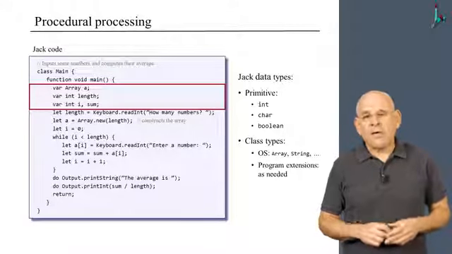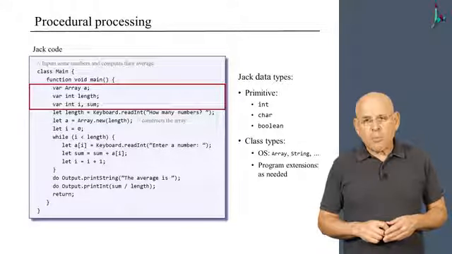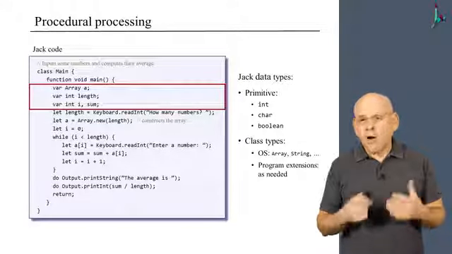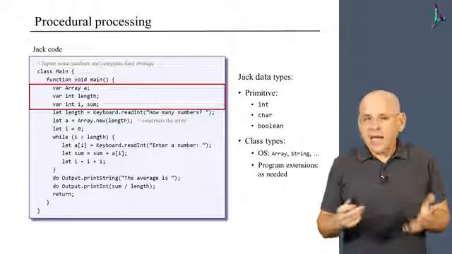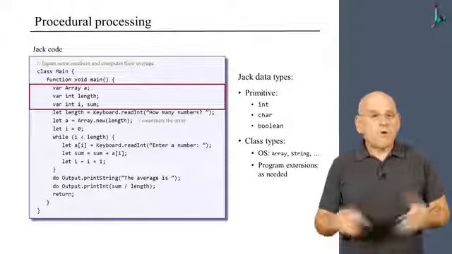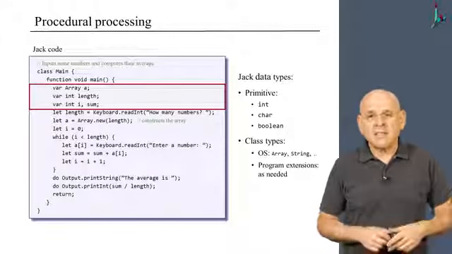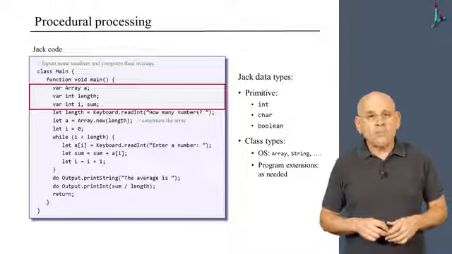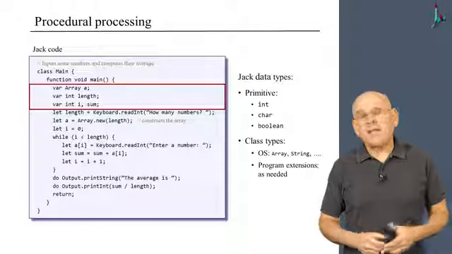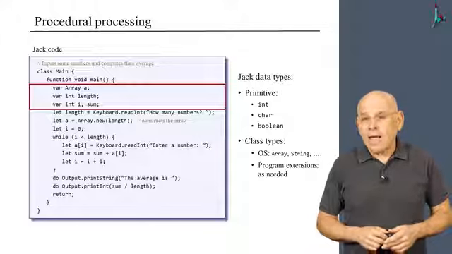This is also a legitimate type in Jack programs. So in Jack programs you will often see class types which come from the operating system, but the programmer is free to invent as many more classes and class types as he or she pleases. And in this sense, Jack has an unlimited data typing capability.